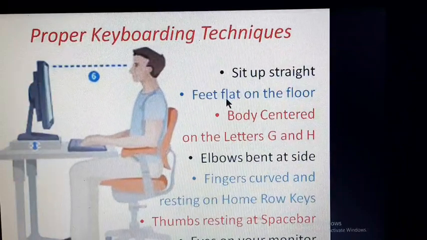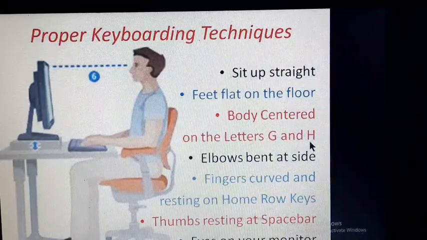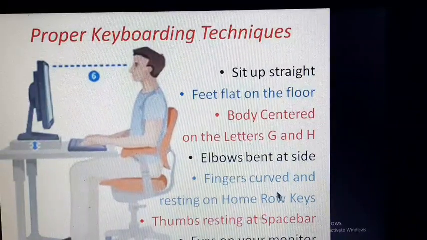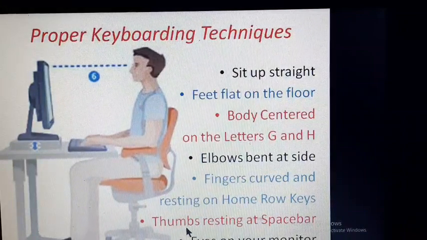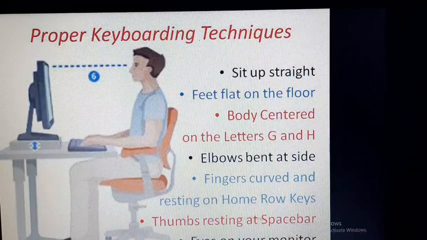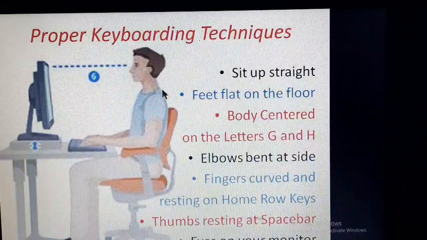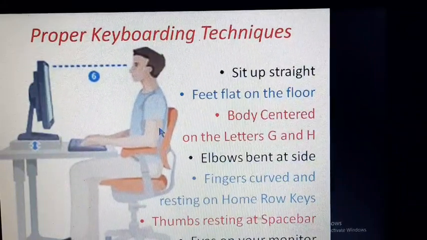Sit up straight, feet flat on the floor, body centered on the letters G and H, elbows bent at the side, fingers curved and resting on the home row keys, thumbs resting on the spacebar, eyes on your monitor. This is the right posture of typing.